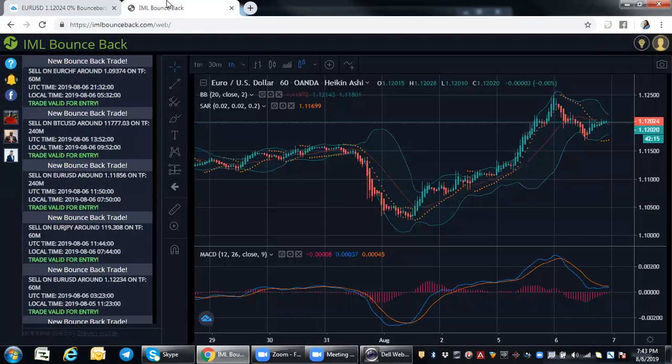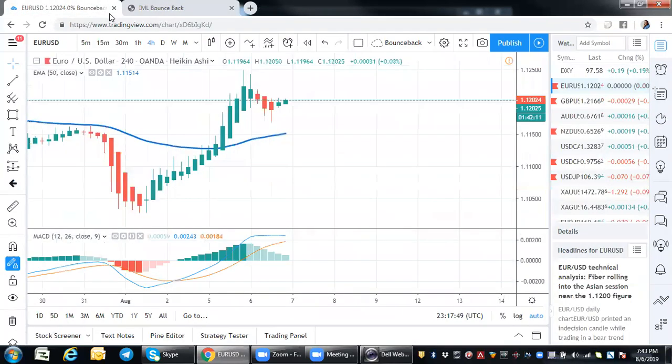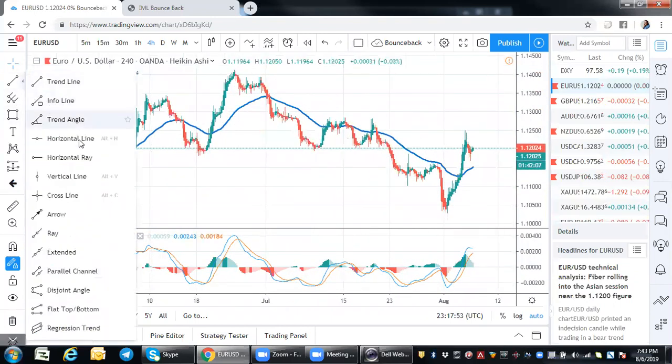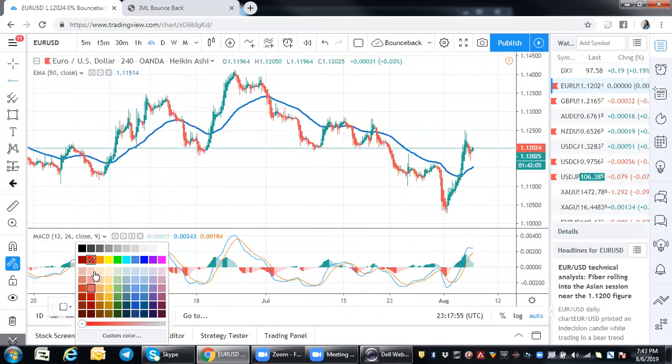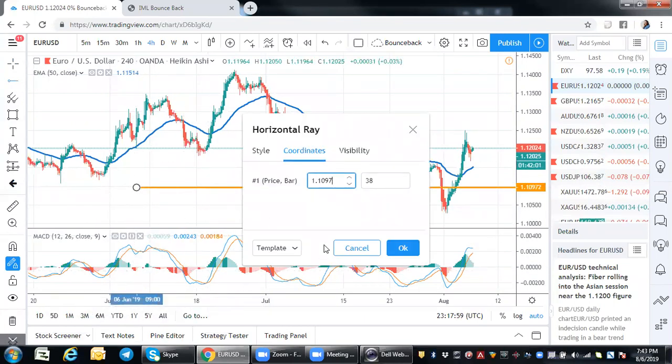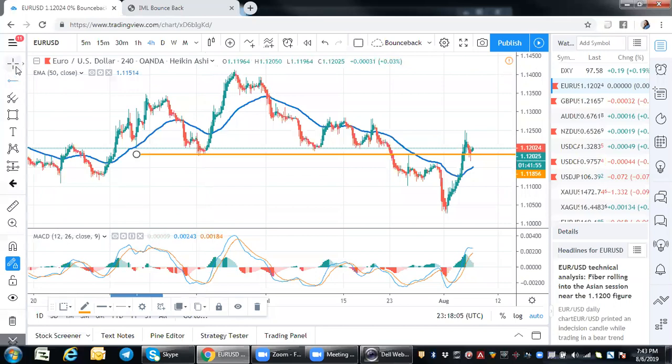And it says to sell Euro USD around 111.856. Right, this one is not quite ready.